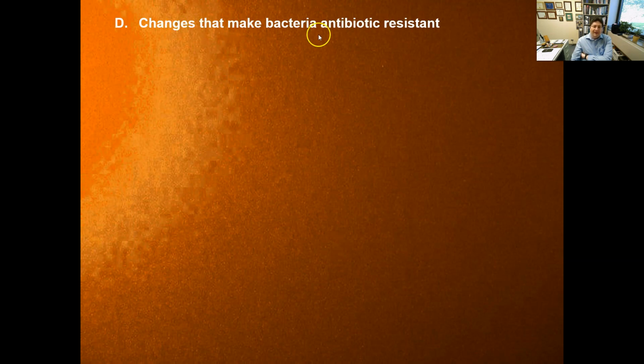So how do bacteria become resistant? What changes occur in those bacterial cells that make the bacteria antibiotic or drug resistant? Well, the bacteria can evolve ways to slow or block entry of the drug into the cell.